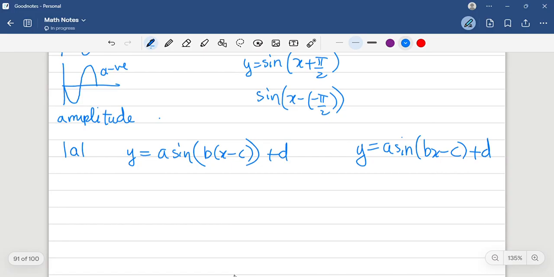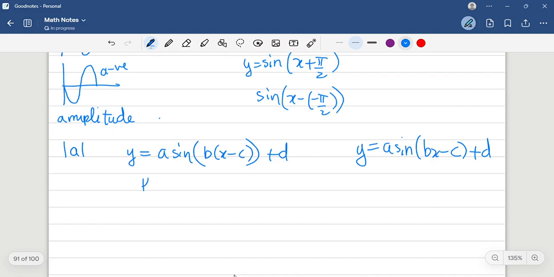So what is the difference between these two? Obviously you could notice that in one the brackets are there, and in the other it is expanded. In the first case, there is a horizontal stretch happening before the horizontal translation.